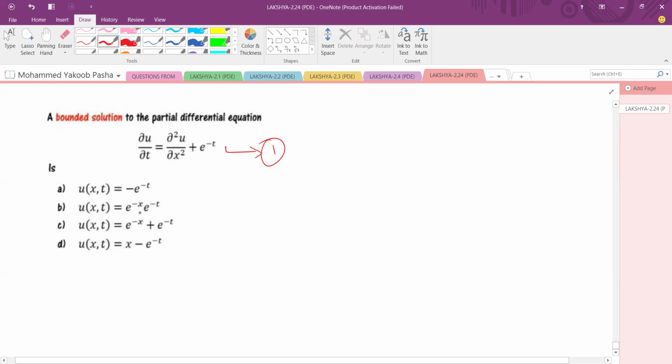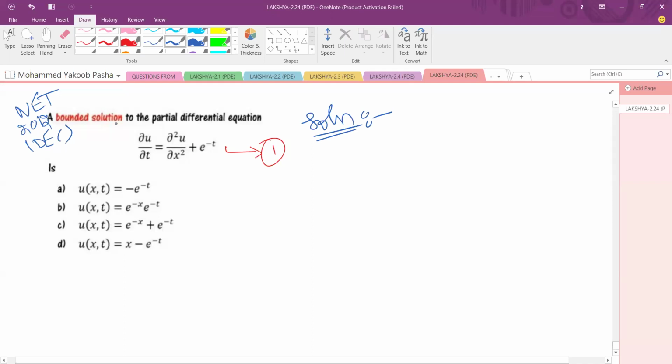U of x comma t is e power minus x into e power minus t. U of x comma t is e power minus x plus e power minus t. And also x minus e power minus t. Okay. This is CSIR NET 2012 December question.